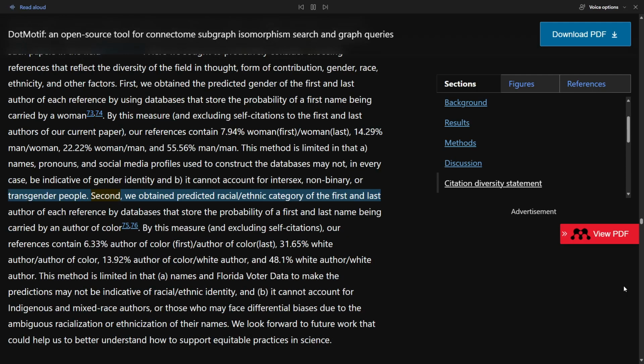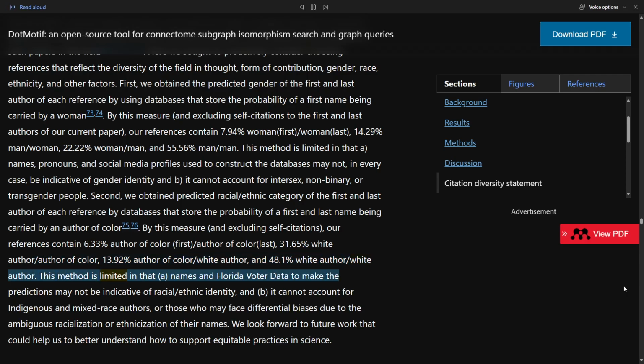Second, we obtained the predicted racial/ethnic category of the first and last author of each reference by databases that store the probability of a first and last name being carried by an author of color. By this measure, and excluding self-citations, our references contain 6.33% author of color/author of color, 31.65% white author/author of color, 13.92% author of color/white author, and 48.1% white author/white author.